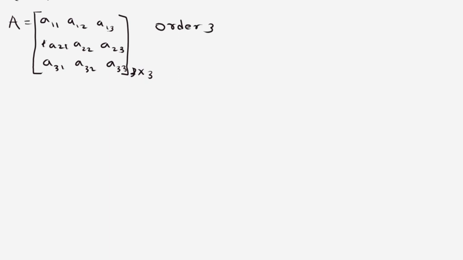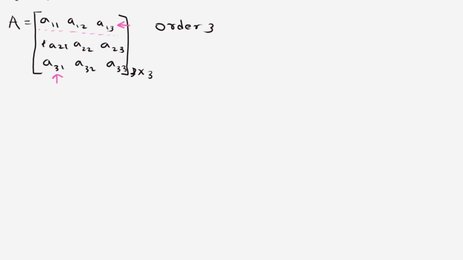In this case we can have many kinds of minors. There can be 9 different minors, but I will just consider the upper row and write the corresponding minors. Assume I delete the first row and first column.